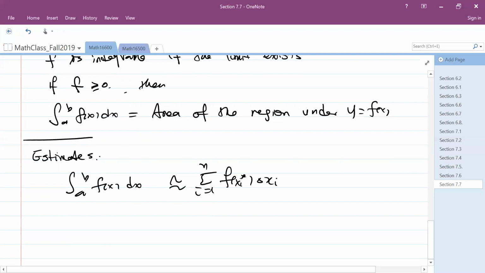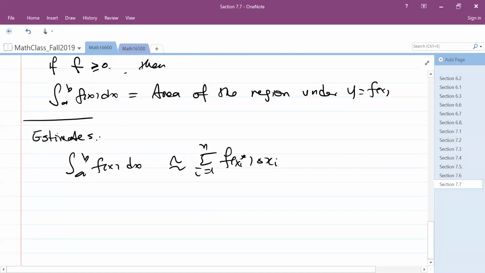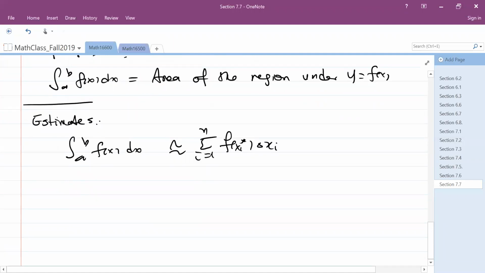Okay. Now we are going to look at some special choices of partition for the interval. Look at the first case, we call left and right end point.